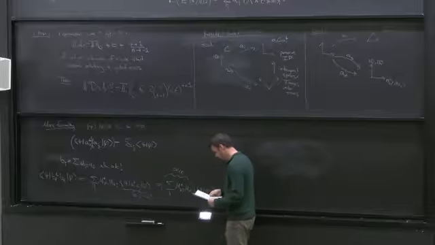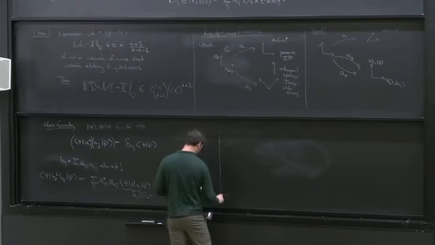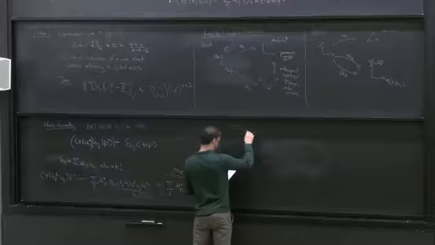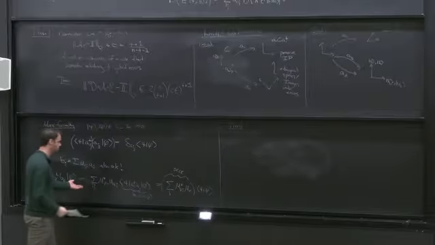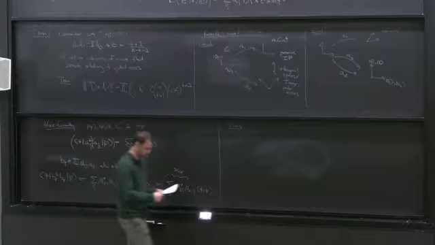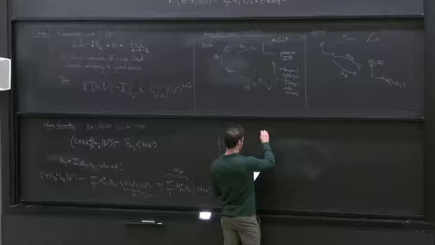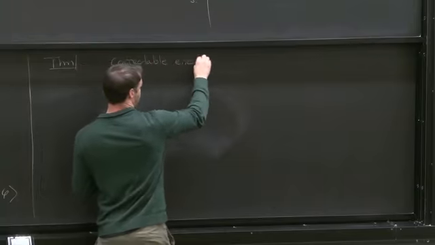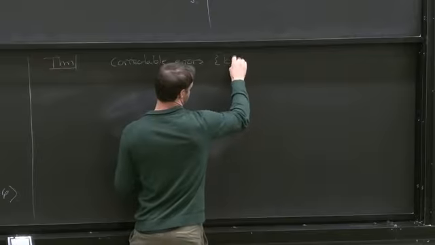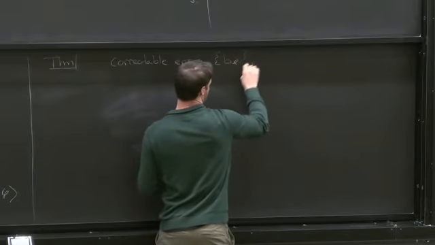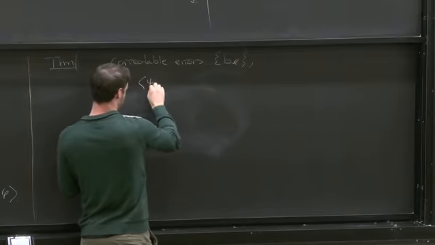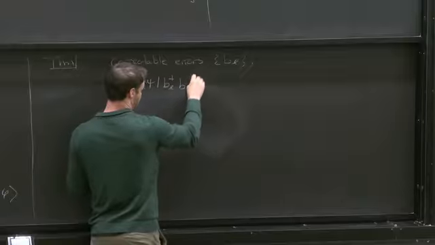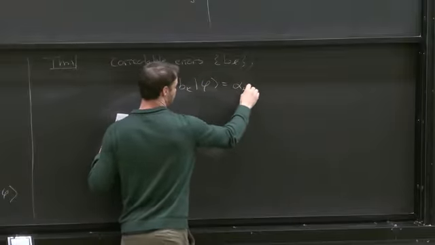And then the theorem from Knill and Laflamme is that this is actually not just sufficient but necessary. So whenever you have a correctable set of errors B_L, they'll always satisfy psi B_L dagger B_K phi, okay.